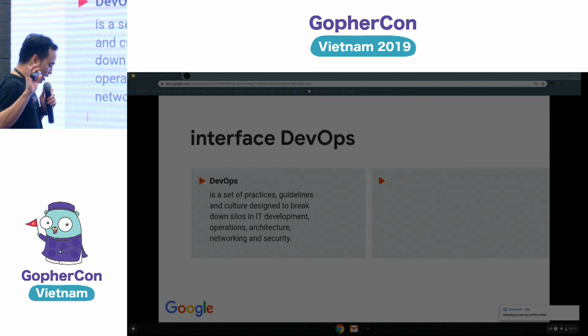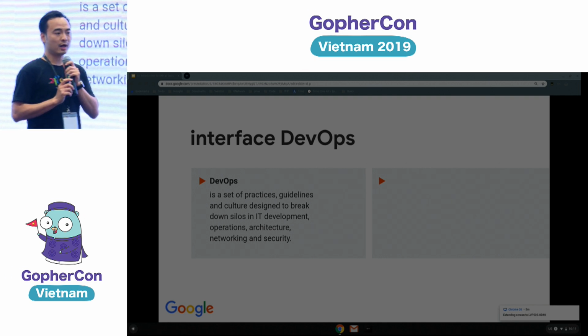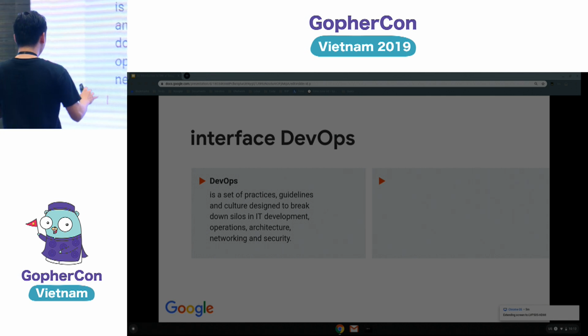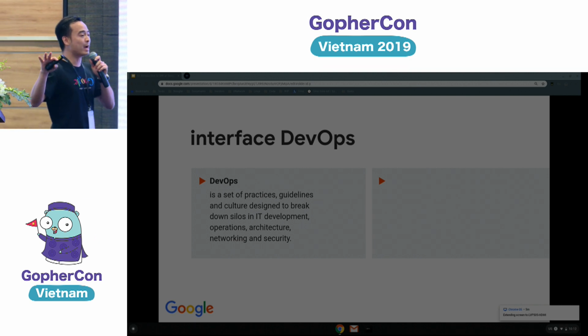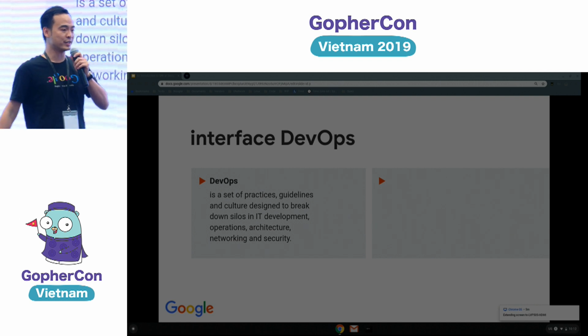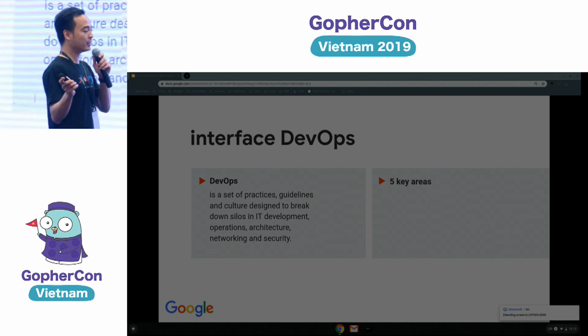There are many definitions of DevOps, and here's my definition. DevOps is a set of practices, a guideline to break down the silos between IT departments within an organization. And DevOps has 5 key areas.